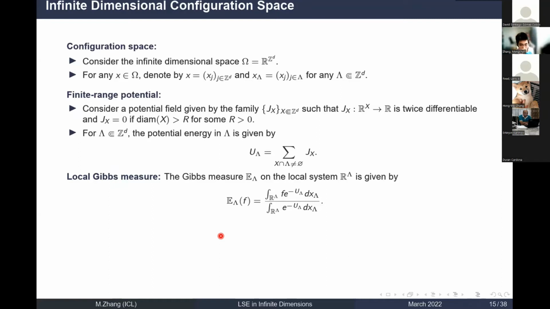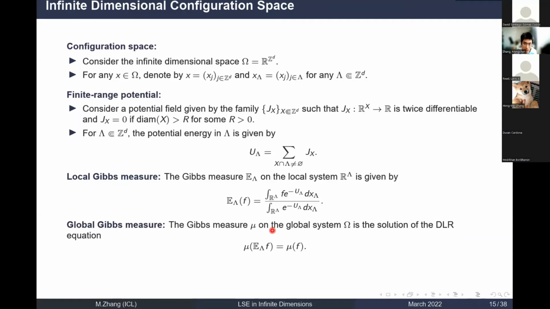Now we have a well-defined local probability distribution. The idea is how to extend this to a global measure, and we use this equation here. Let mu be the global Gibbs measure on the whole space. If mu satisfies this equation, then mu is a valid global distribution of the entire system.